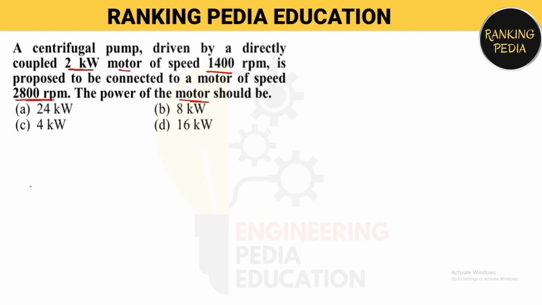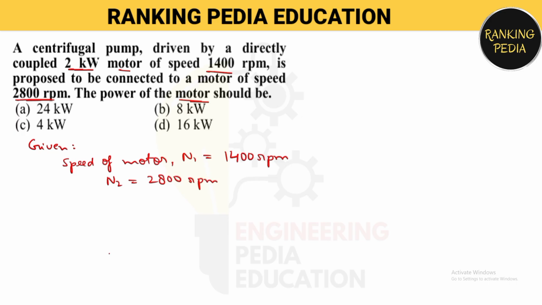The given quantities are: the speed of the motor, denoted by N1, is 1400 rpm. Next, N2 is also mentioned, which is 2800 rpm. Let's say P1 is 2 kW.